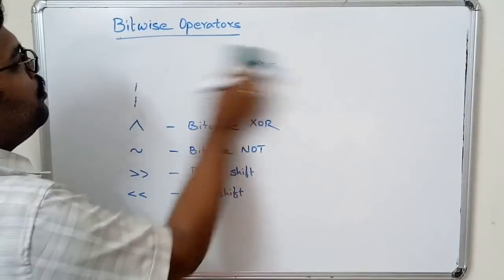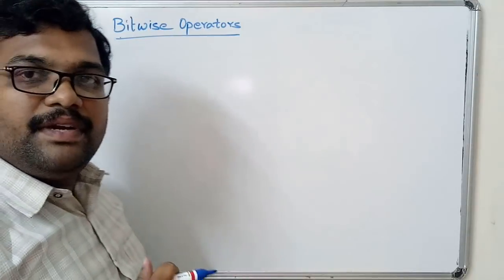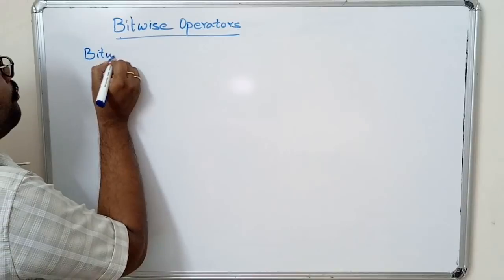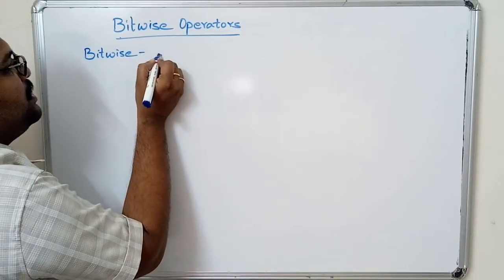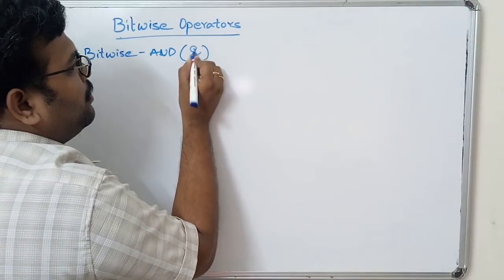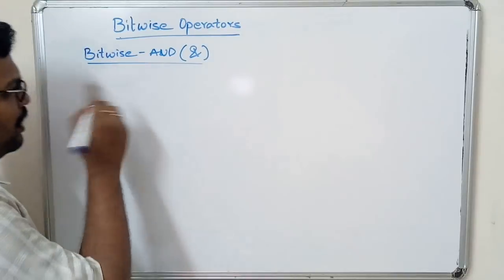Now let us have a look at each operator. First, coming to the bitwise AND. It is represented as AND. So let us have a look.